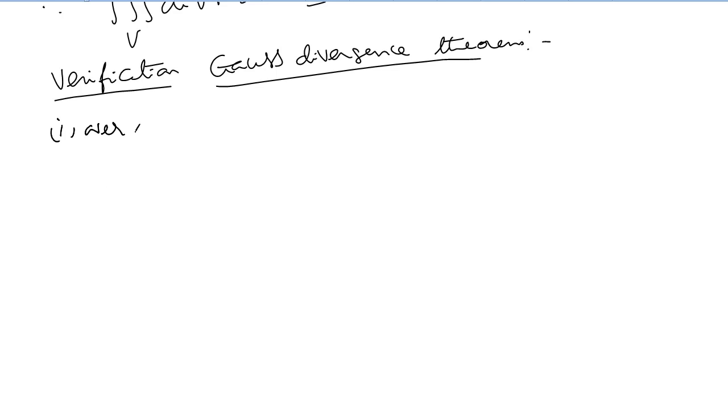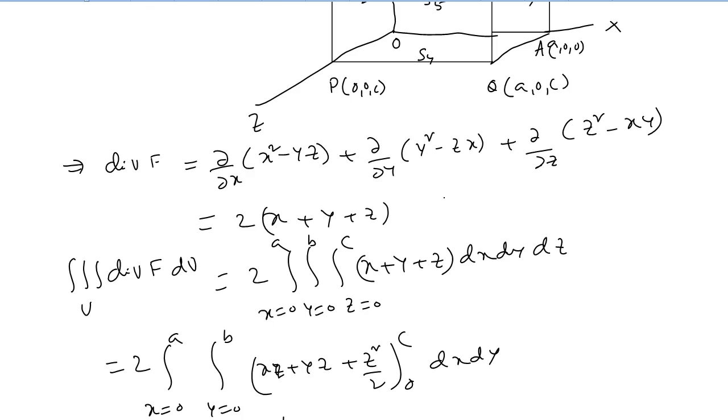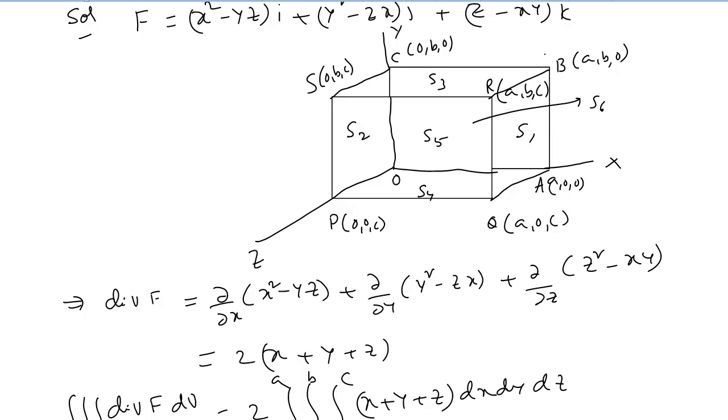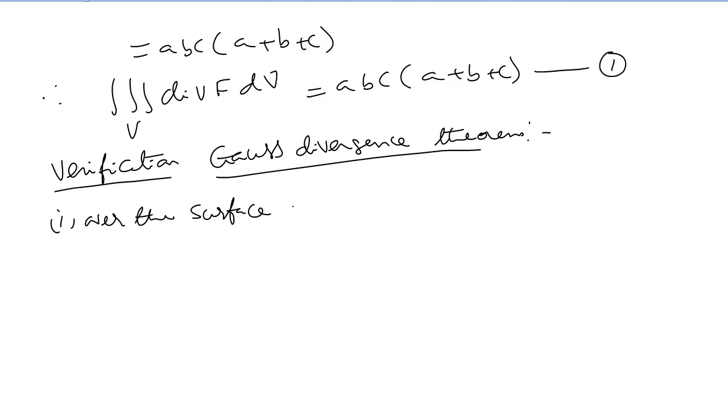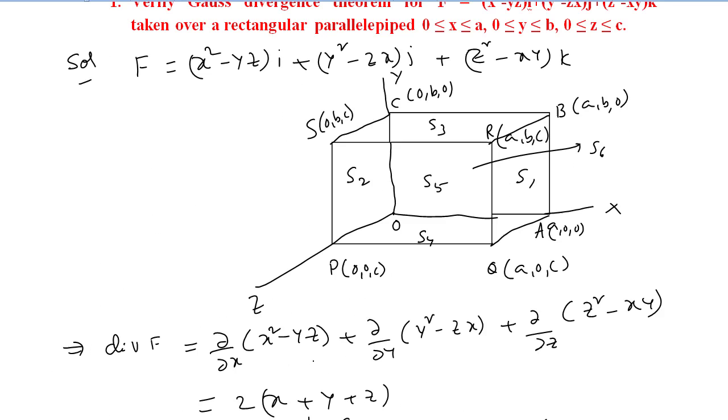Over the first surface, ABRQ, already we discussed in our earlier class. In this surface, what about n? What about x, y, z? Already discussed. So the unit outward normal to the surface is i.